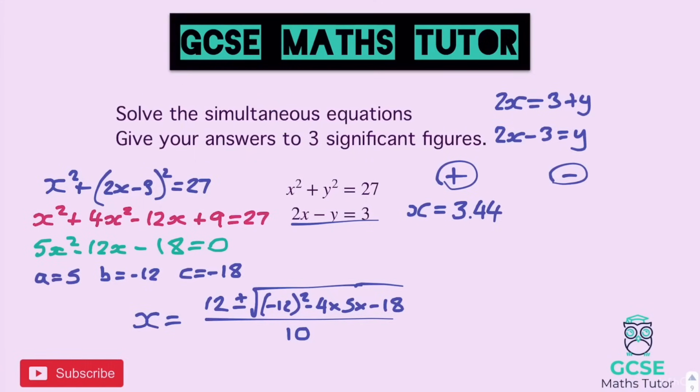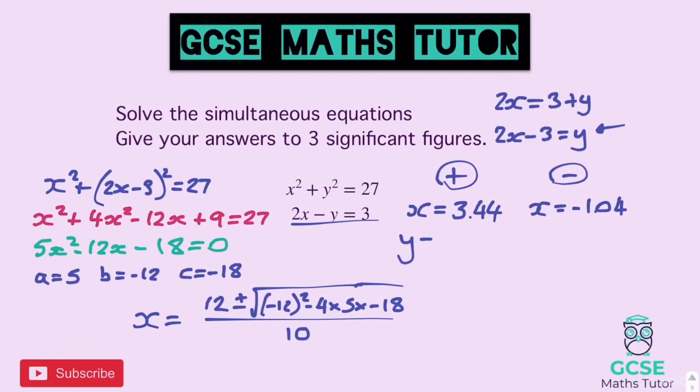Right, so back into your calculator, press minus again. So change the plus for a minus, press equals, and for the negative one, x equals minus 1.04. It's a 4 after the 4, so that rounds to minus 1.04. Now let's sub these in, again using this equation here, so y equals 2x minus 3.